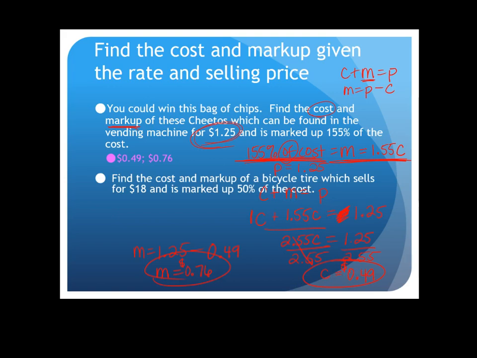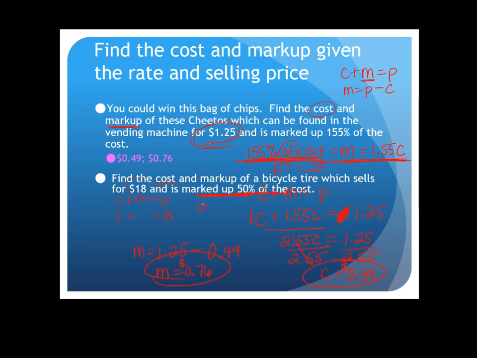Okay, so let's do another one. Find the cost and markup of a bicycle tire which sells for $18 and is marked up 50% of the cost. So the cost plus the markup is the selling price. It sells for $18, so that's my P. I don't know the cost, that's what I'm trying to find. And I don't know the markup, but I do know it was marked up 50% of the cost.